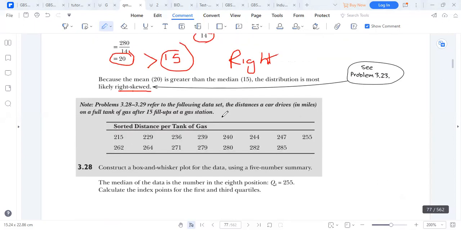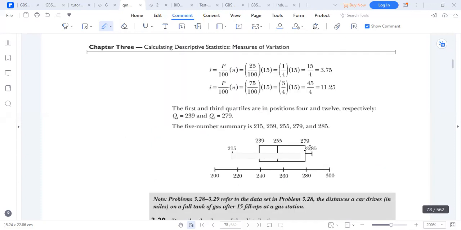Okay, the same can apply here when you're given data. These are 15 figures. So the fourth one and the 12th one are going to be Q1 and Q3. All right. Then you come up with a box-and-whisker plot.